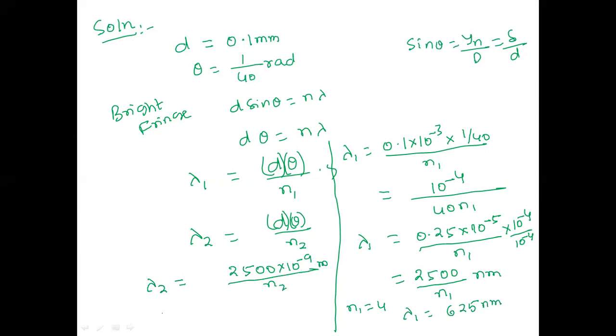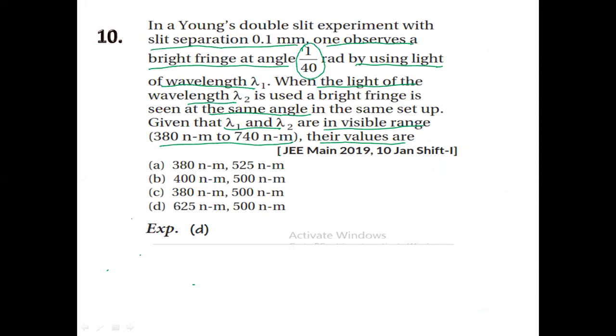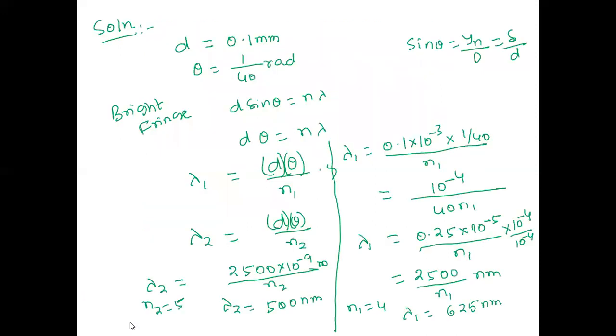Suppose n2 is equal to 5, that means lambda 2 equals 500 nanometers, which lies in this range. So that is option D: 625 nanometer, 500 nanometer.